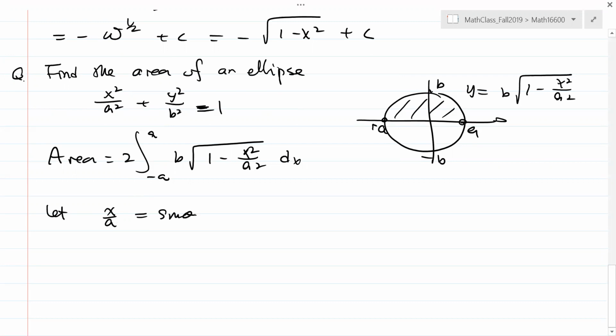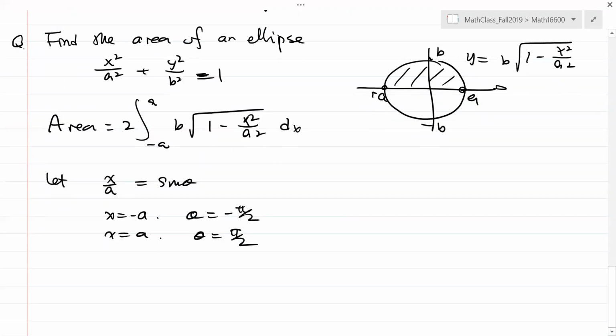So when theta equals negative pi over 2, x is negative a, right? So x equals negative a if theta equals negative pi over 2. x equals positive a, theta equals pi over 2. This is a substitution. Theta is going to be negative pi over 2 to positive pi over 2.